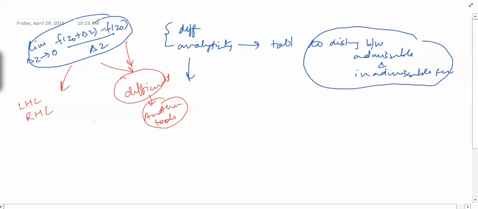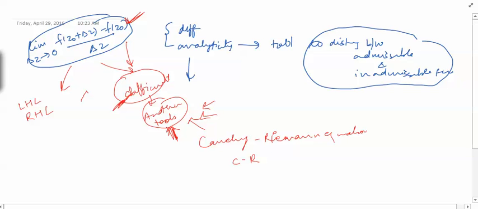So in the next video we will try to find another tool, other than this definition of limit, to check whether a function is differentiable at a particular point or not. It turns out that that tool is the Cauchy-Riemann equations, the CR equations. You must have heard about these equations. That is our task in the next video.